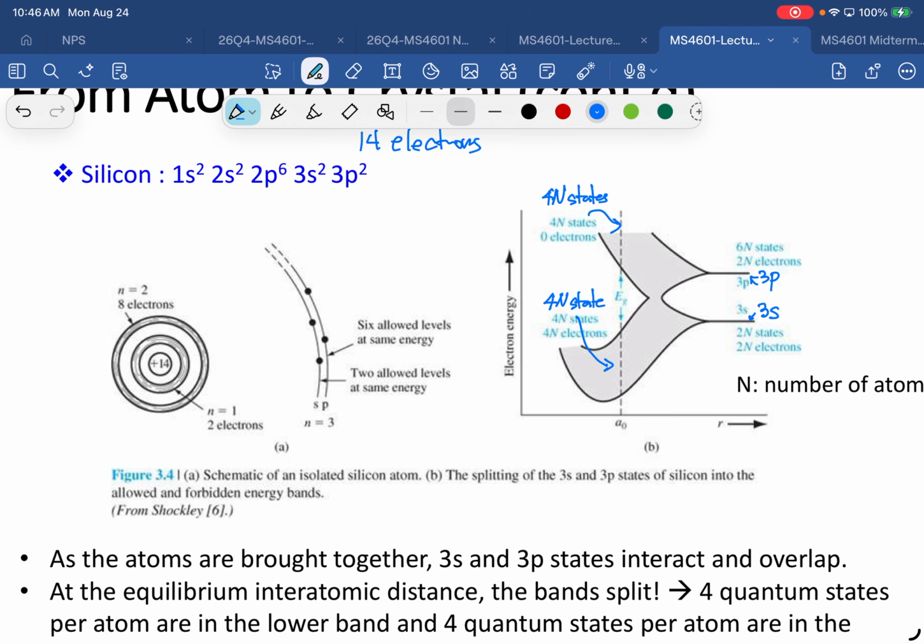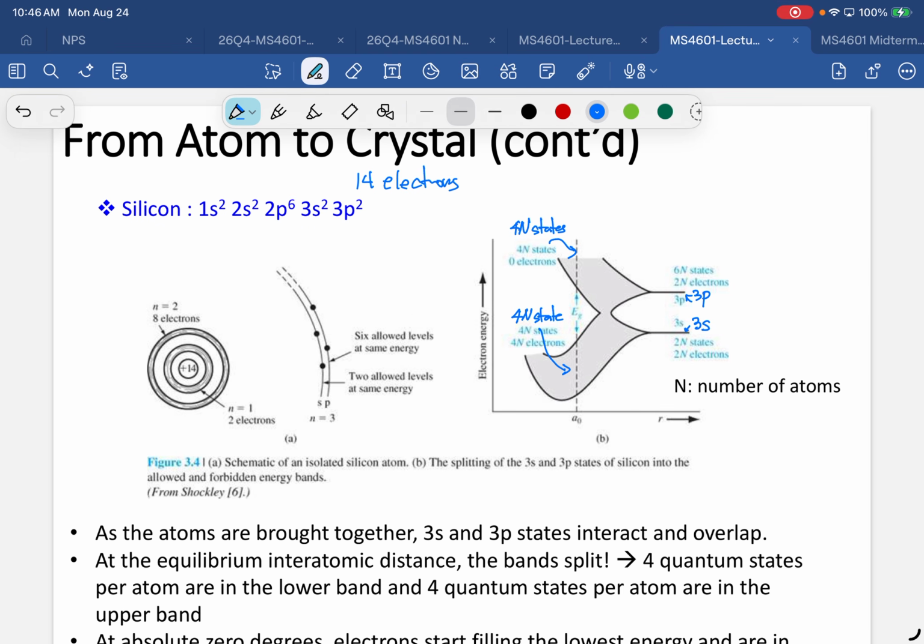Okay? This is called hybridization, the sp hybridization. And that creates a new energy band, very different from the individual atom picture.